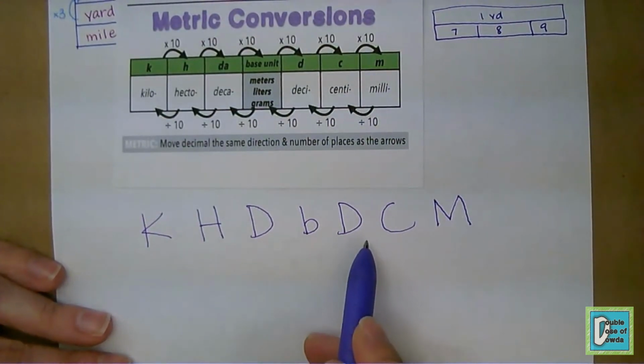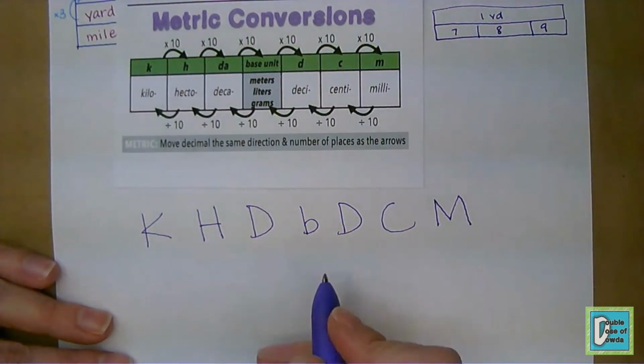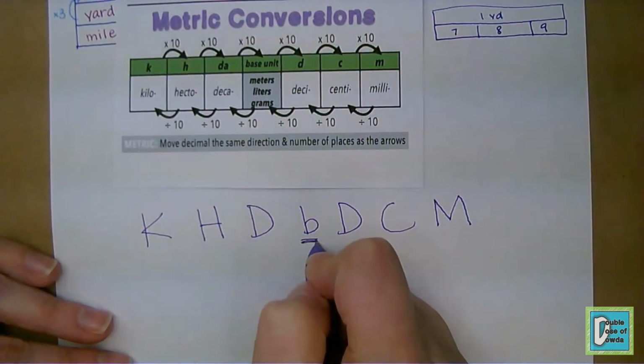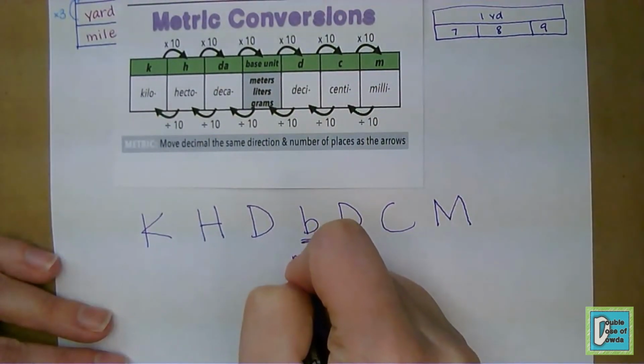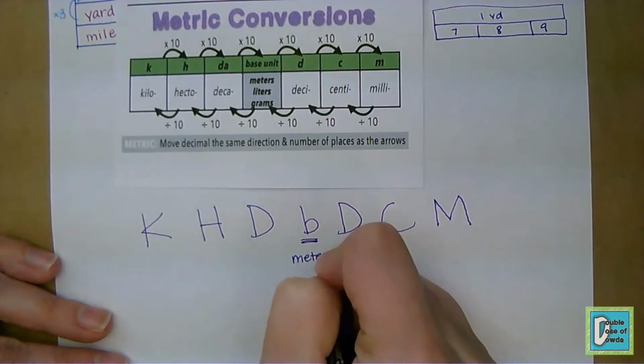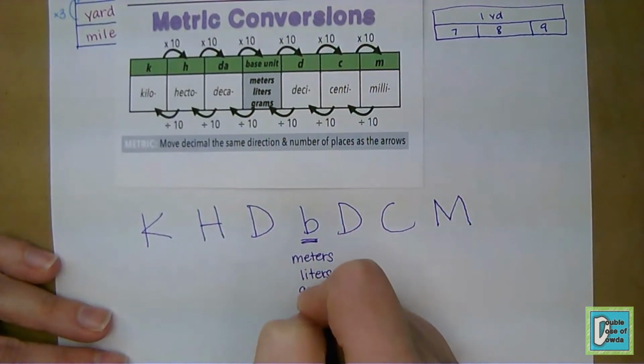With metric, the same prefixes, of course, work for meters, liters, and grams. So B, I always underline because that is our base unit. That is meters, liters, and grams.